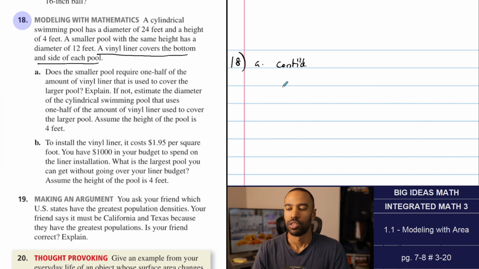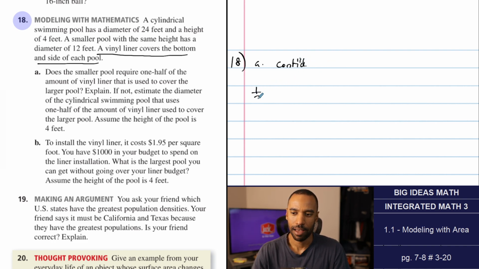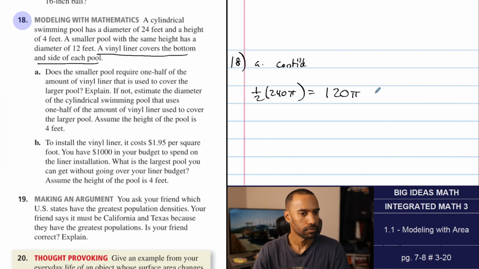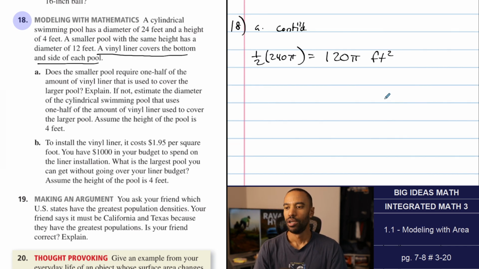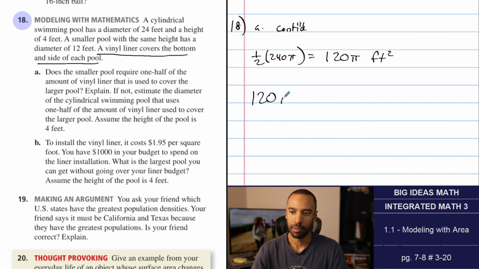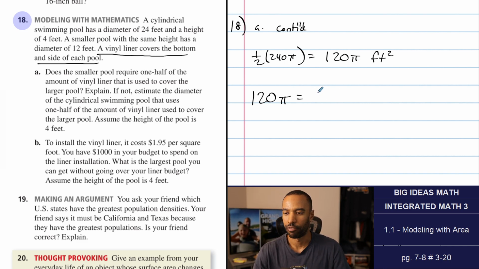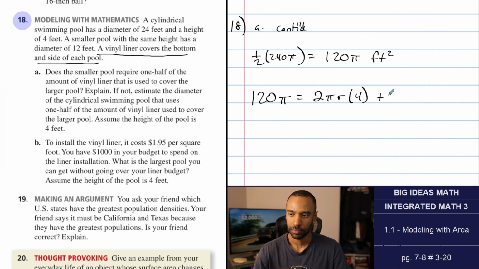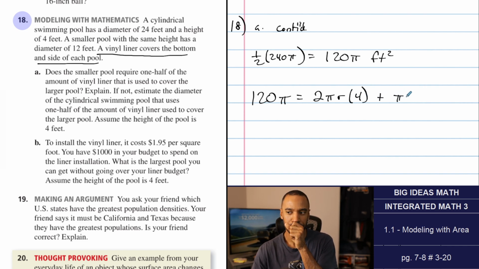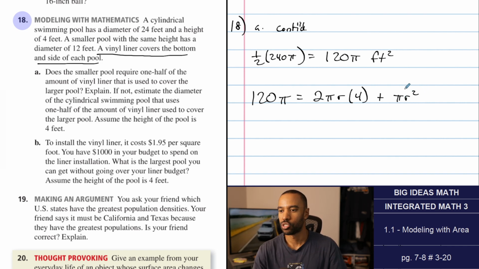All right. So here we have half of 240 pi, which is 120 pi square feet. So that surface area, 120 pi, is going to be 2 pi r times height plus 1 pi r squared. They said assume the height's still 4 feet. We have to solve for r in this scenario.